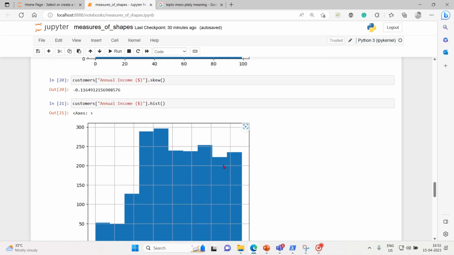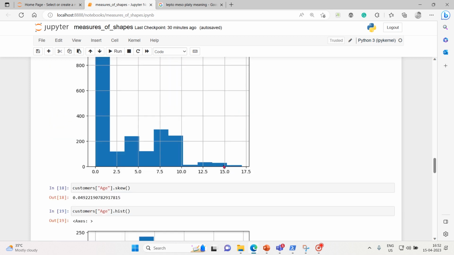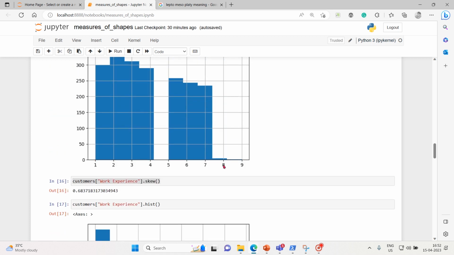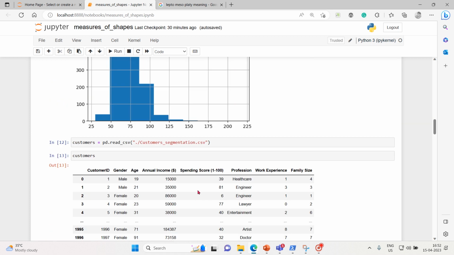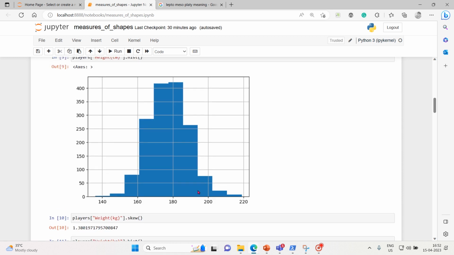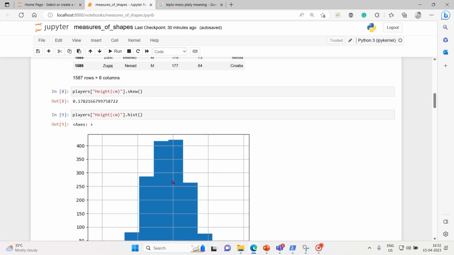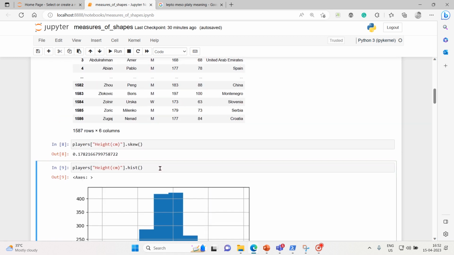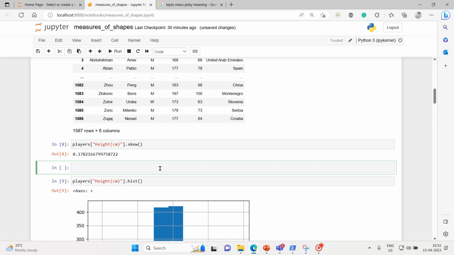Let me go up directly. Customers, work experience, skew, family size, a PD, players. Let me look into this first. So players, I'll say height. This time I'm going to say kurtosis.